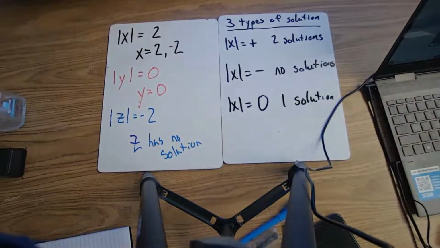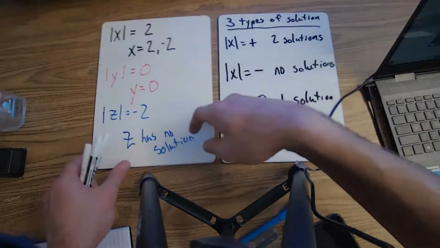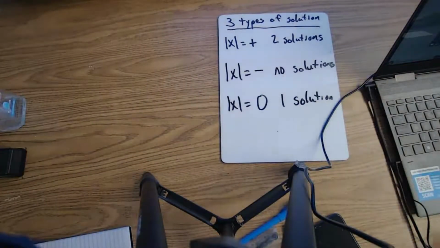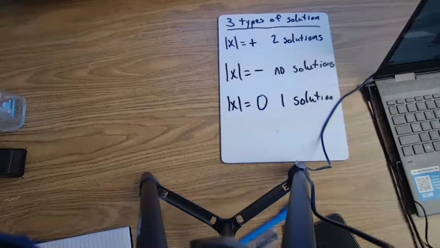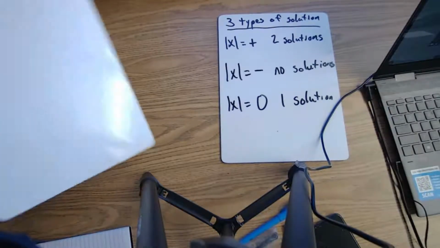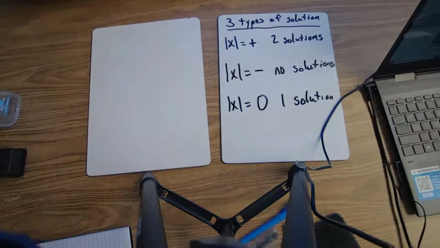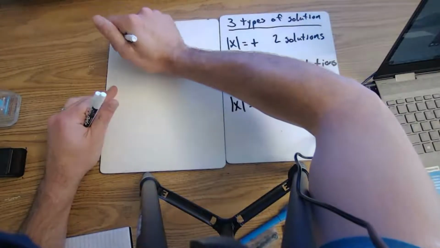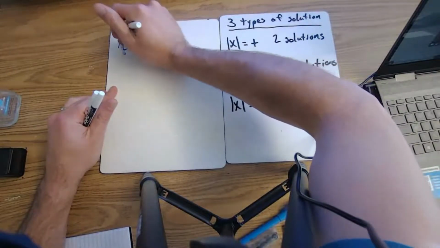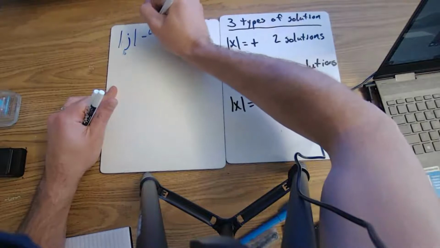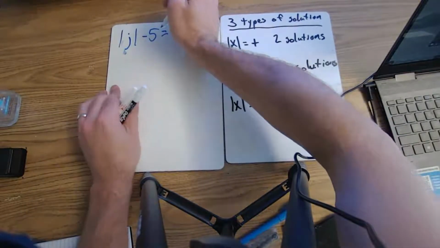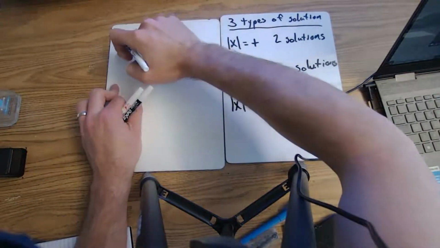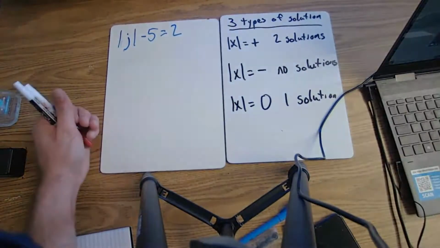So let's take a look at a few problems that we may run into here. Okay? So let's start with something kind of simple. Let's say the absolute value of j minus 5 equals 2. Okay?